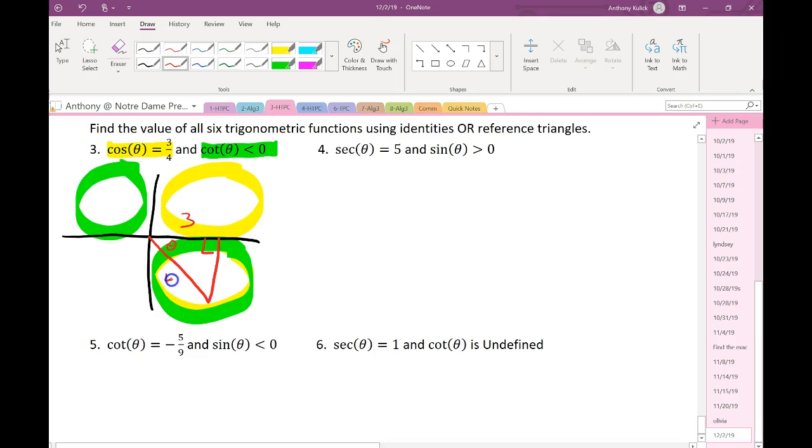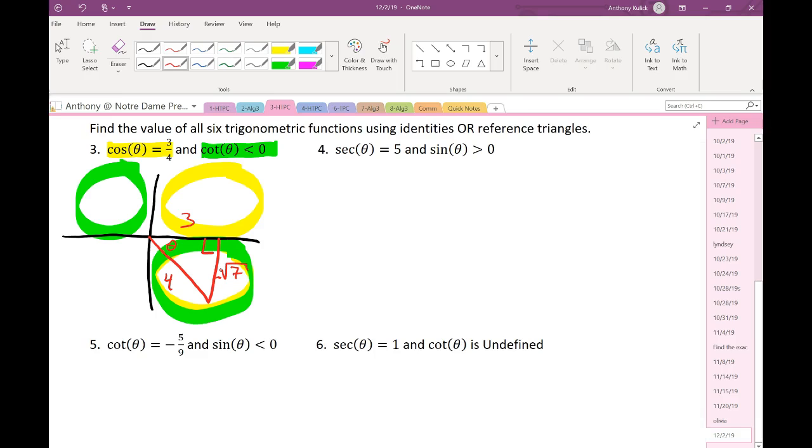Cosine is adjacent over hypotenuse. If I use the Pythagorean theorem and solve for this side, 16 minus 9 is square root 7. And then that has to be negative because that's the y part and that's in the fourth quadrant.